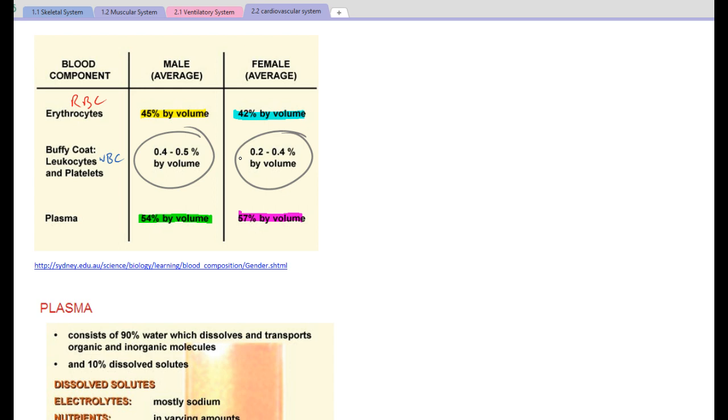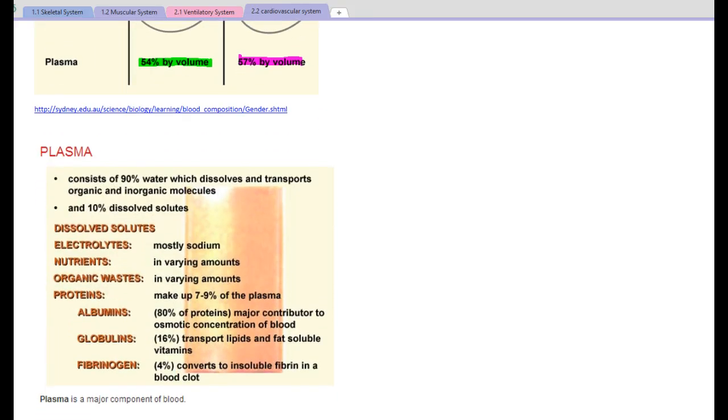So what do these do? Plasma, which is made up of 90% water, dissolves and transports both organic and inorganic molecules, and 10% of the liquid being dissolved solutes.